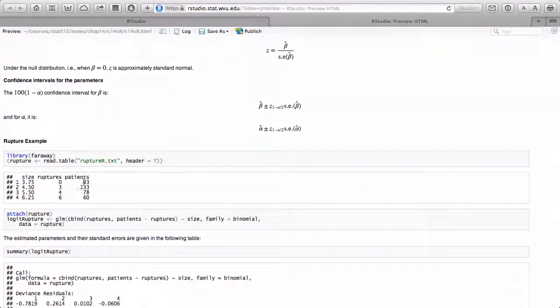One of the other things to realize, as I mentioned, and maybe I'll add an example along these lines, is that instead of having the binomial data like this summarized within 4 rows, I could start out having each row as a patient, and therefore I'd have a lot more rows.